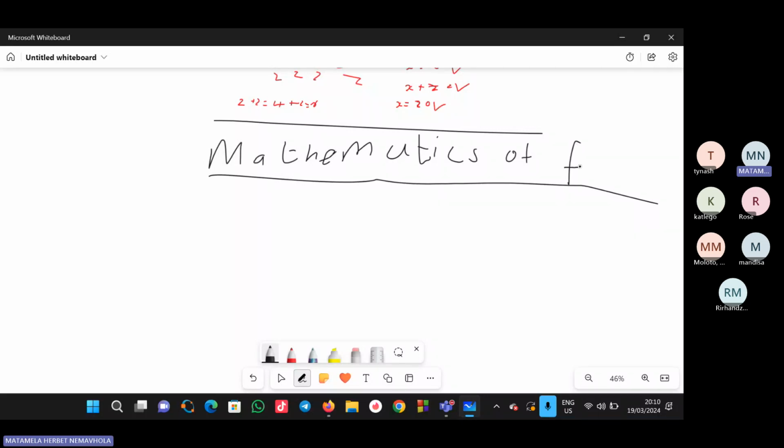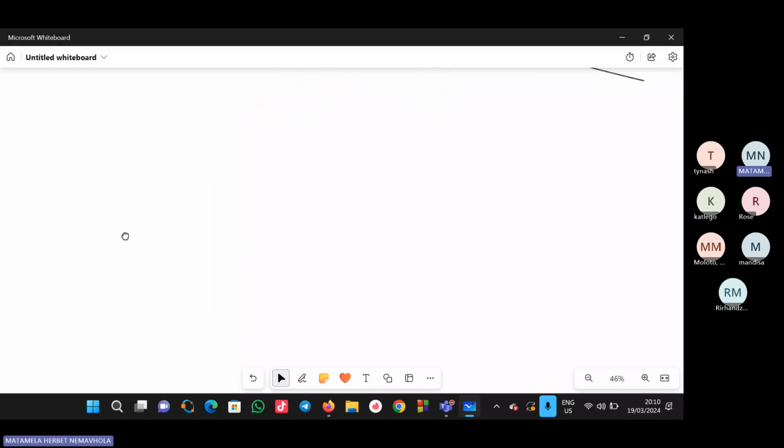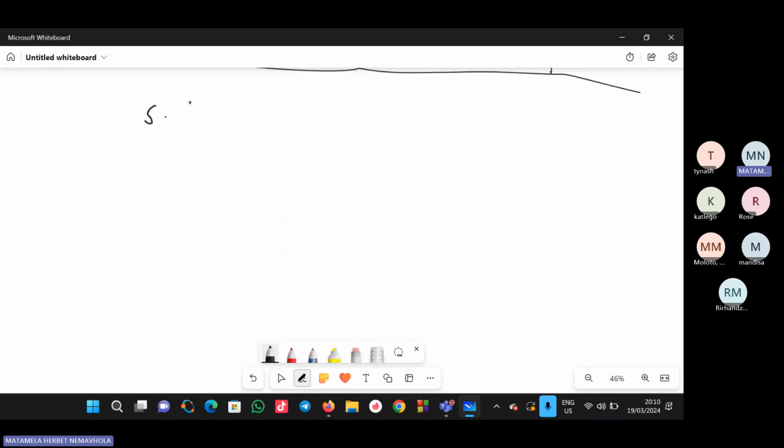In mathematics of finance, I'll just write FIN. There are many things that you need to learn. In the video that I sent you, we talked about simple interest, which I said I'm going to define as SI. So when you talk about simple interest.